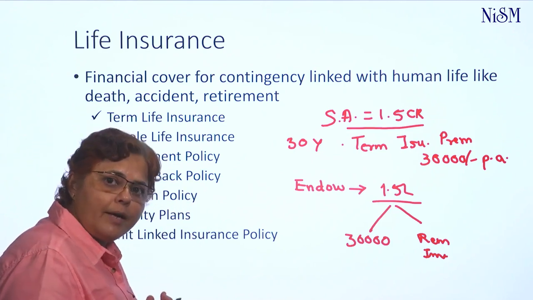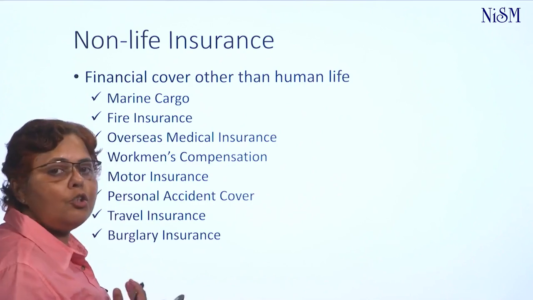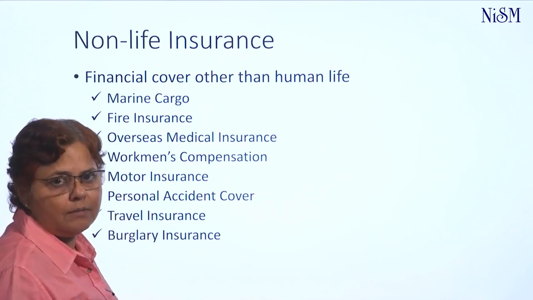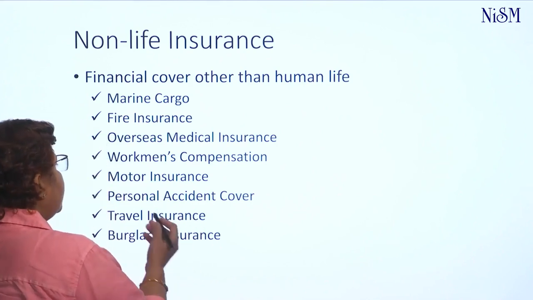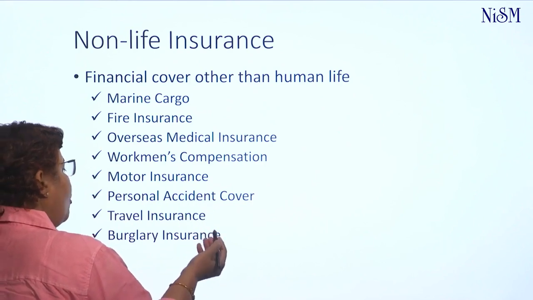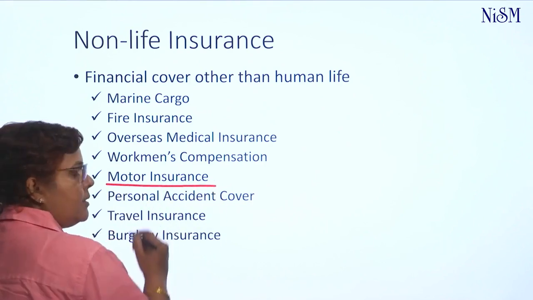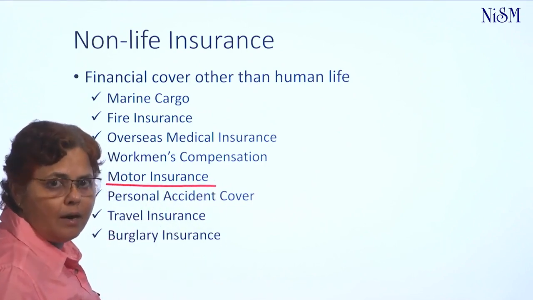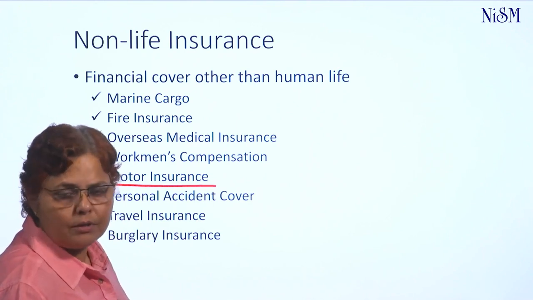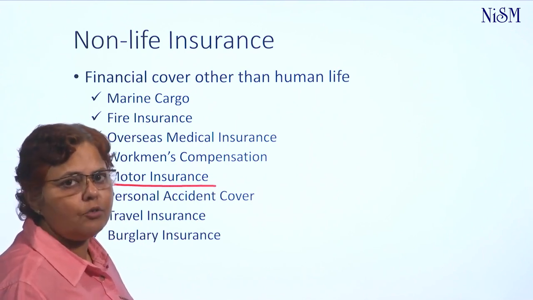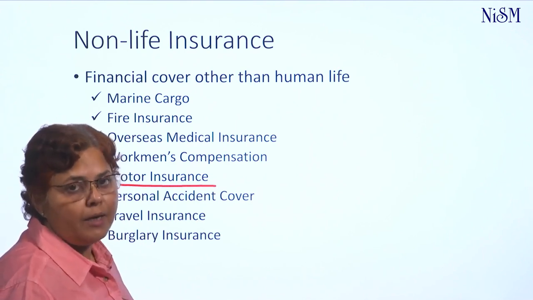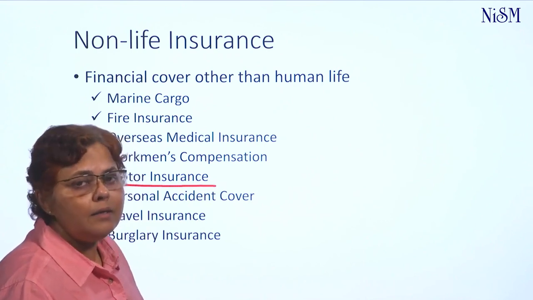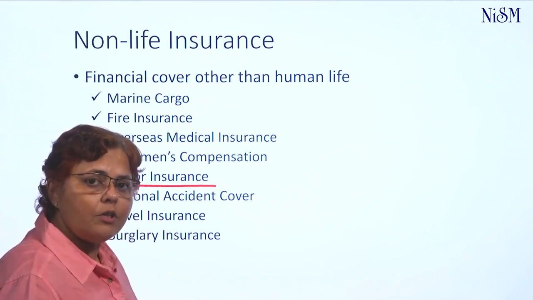Let us now move ahead and talk about non-life insurance policies. For us, the most important and the one we know is motor insurance. Whenever you buy a car, you have to take car insurance. Without that, you cannot get the car on the road. It is mandatory by law to cover third party insurance.